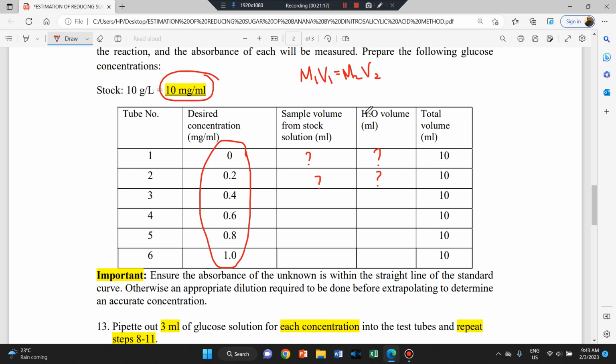And actually, it'll be good if before you come to the lab, you have already calculated all these parameters. Okay, I can just tell you for this zero, obviously you need to add zero of the stock solution, and this one you need to add 1 ml. Sorry, it should be 10 ml because you are preparing 10 ml of total volume. Okay, so I hope you know how to calculate the rest.